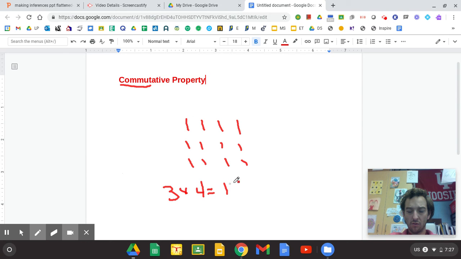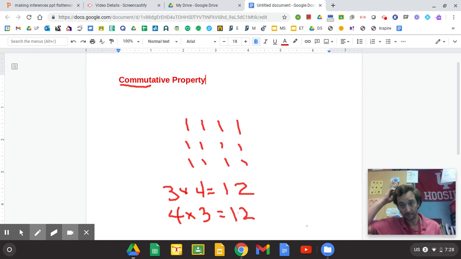Or you can look at it the other way. I'm bad with writing on here. There we go. 3 by 4 equals 12. Or you can look at it the other way, switch it, and it equals 4 times 3 equals 12. Okay? So it can just be switched is all that means.